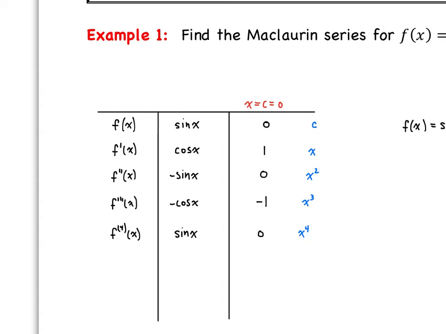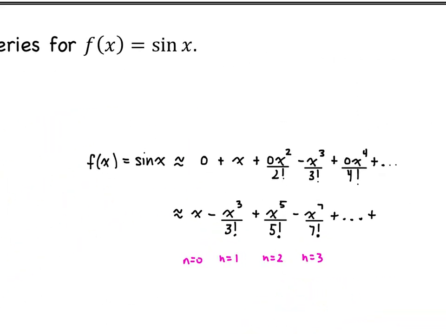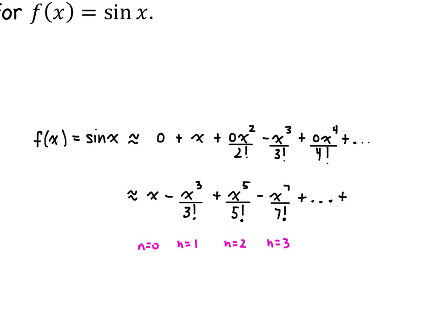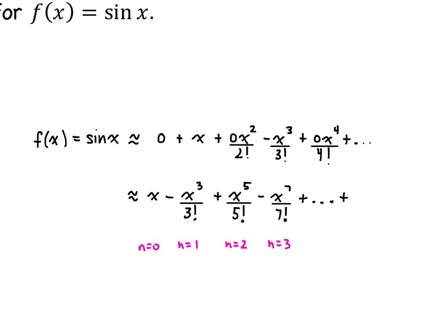Now if we were to go through and begin to write the terms of this series, we have 0 plus 1 times x plus 0 x squared over 2 factorial minus 1 x cubed over 3 factorial plus 0 x to the 4th over 4 factorial, and so on and so forth.